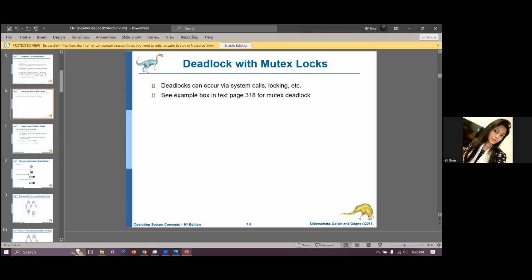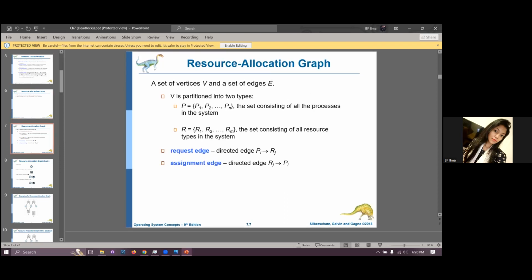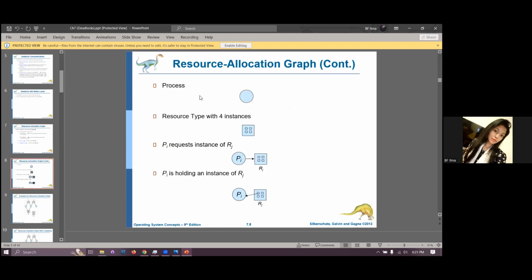To identify deadlocks, we have a graphical solution, which is the resource allocation graph. Basically, we represent a process by a circle and a resource by a square. A resource can have many instances. For example, a printer: if you have 4 printers, then there are 4 instances here.